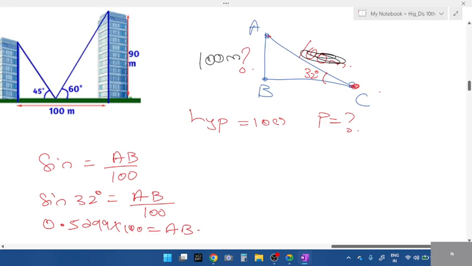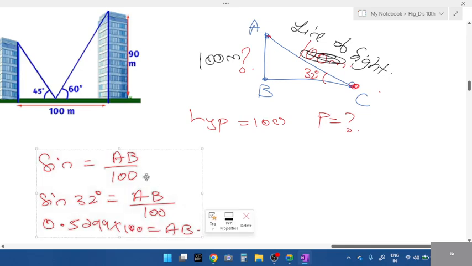This AC, all of you will make a note, students. Again, I missed this. What do you call this? Line of sight. If they ask you to find line of sight, remember this word. Hypotenuse is also known as line of sight. If you are standing at point C, make a note of this line of sight, the other name given for hypotenuse.